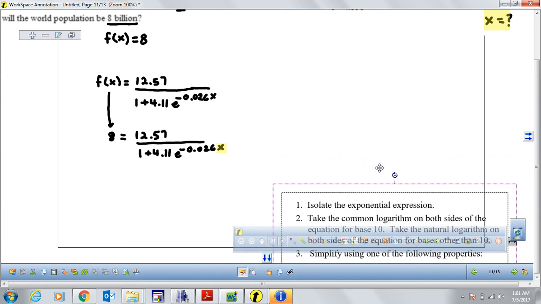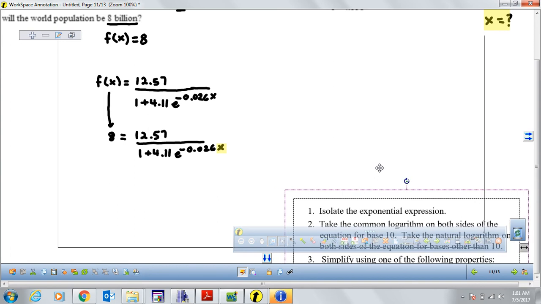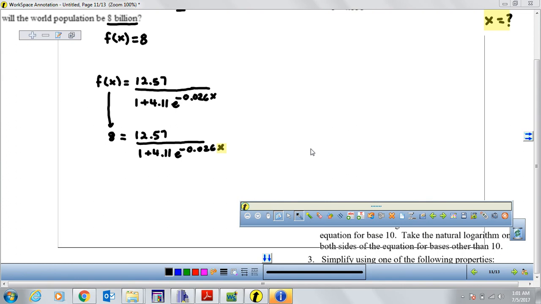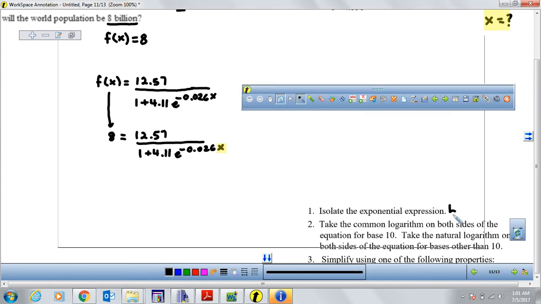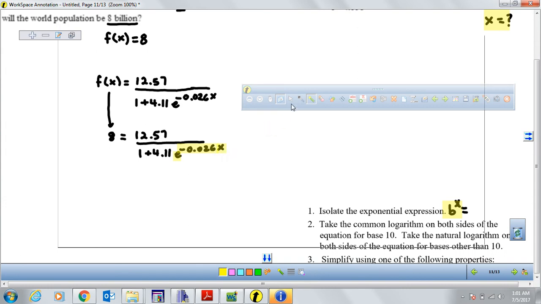So the first step in the process of this method is that we need to isolate the exponential expression, meaning that the base raised to whatever power must be left by itself on one side of the equation. Now what is the base here? The base is e and the power is this. So there are a lot of things that we need to do in this problem so that we can leave that e to the power of negative 0.026x by itself.